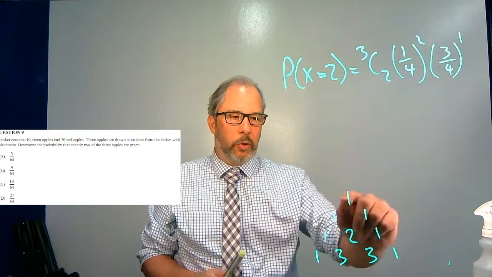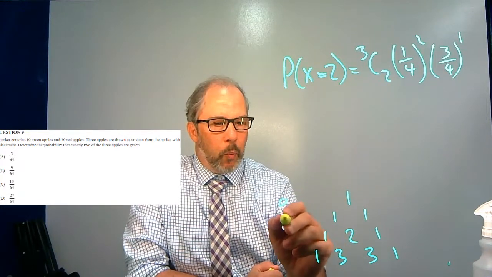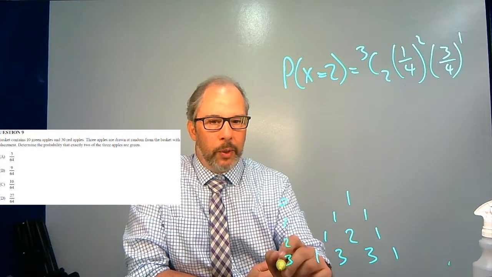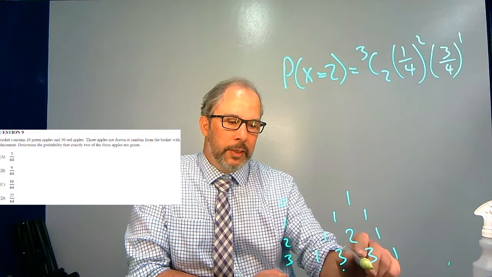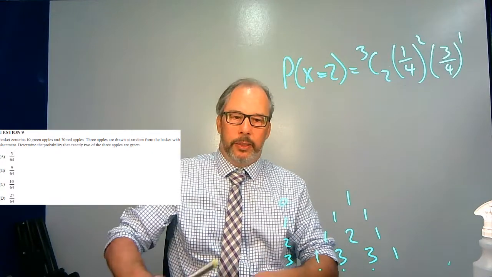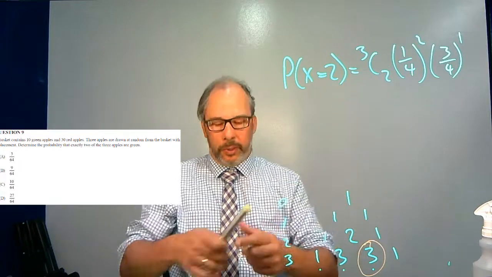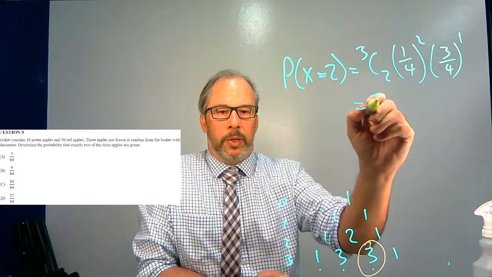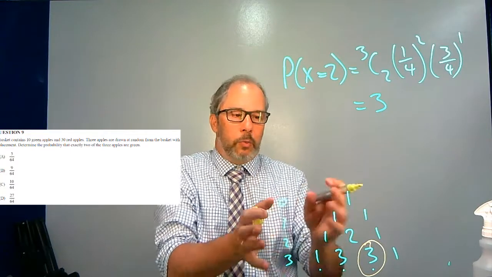So we're looking at the third row. So this is row 0, row 1, row 2, row 3, and then we're looking at the 0, first, second element. So our second element is this one here. This is what we're looking for. So our 3C2 is going to be 3. Some of you already know that, so you won't need to do that little Pascal's triangle, but that's what you can do in the exam.